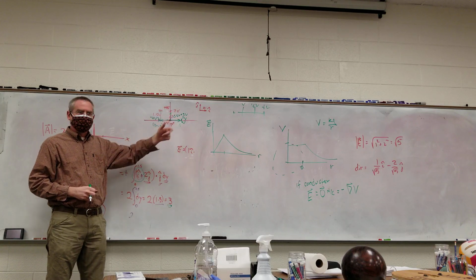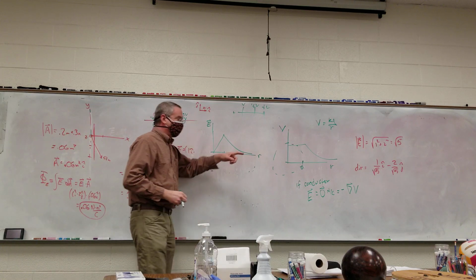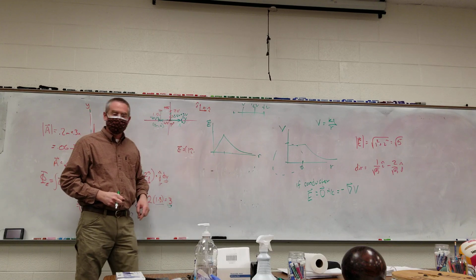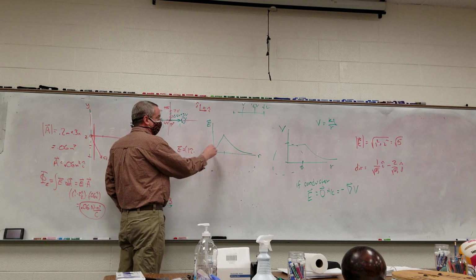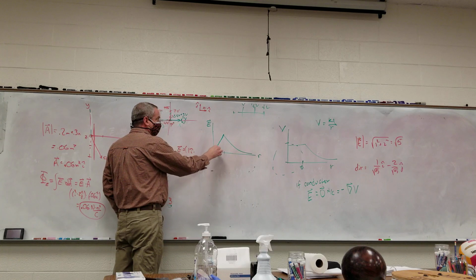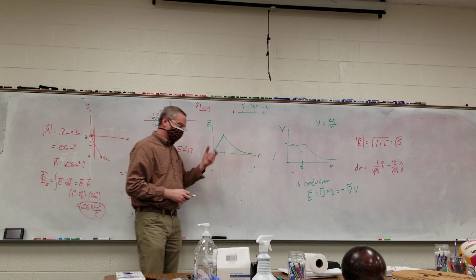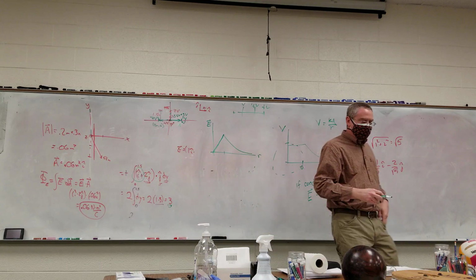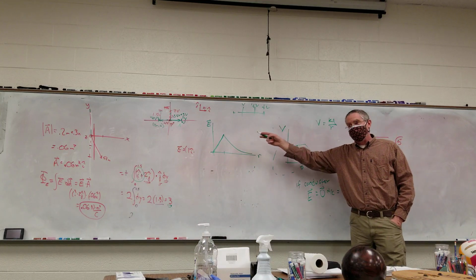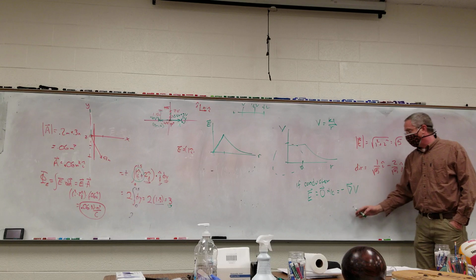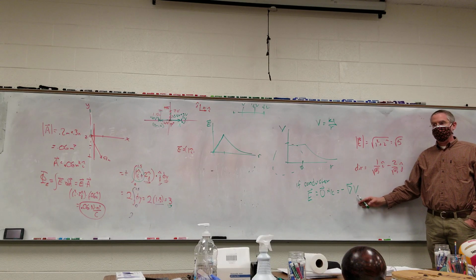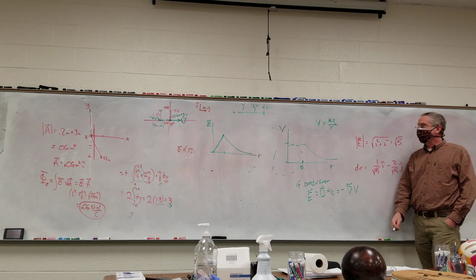So my electric field is positive, therefore the slope of my potential is negative, because I've got this negative sign right here.